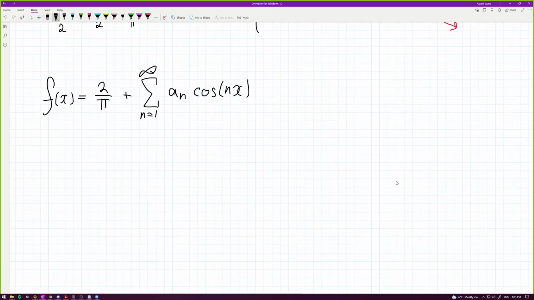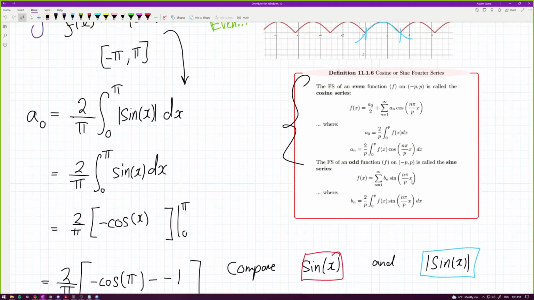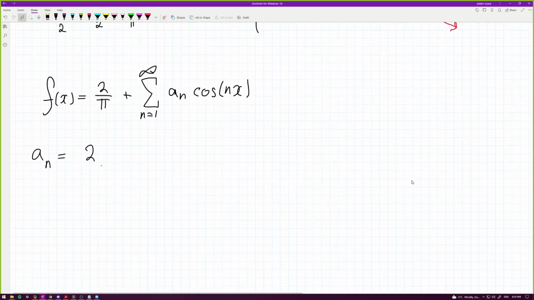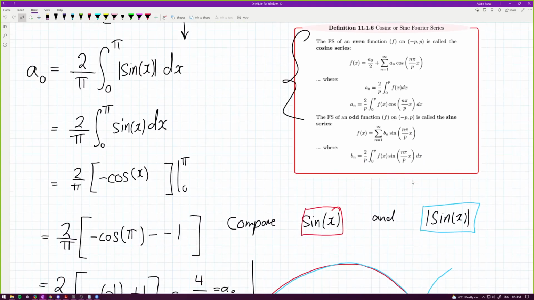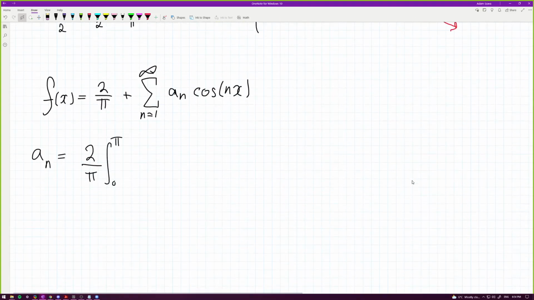Anyway, an now doesn't take too long. For a cosine series, an is 2 over pi, integral from 0 to pi of f of x cosine n pi x over p. So absolute value of sine x cosine n pi x over pi, but the pi's cancel.